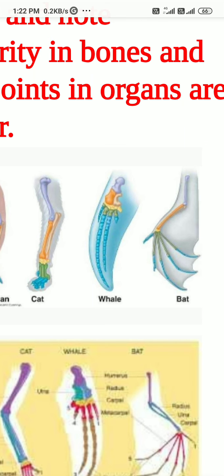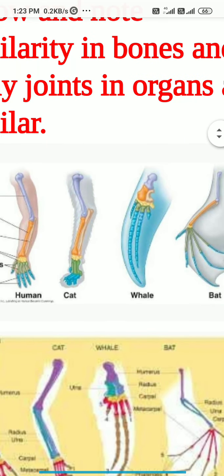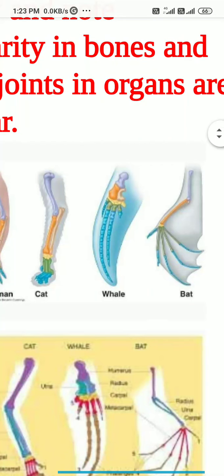So, we see the function of all these four organs is different, and the external structure is also very different from each other. You are observing this: human hand, cat's forelimb, whale flipper, and bat's forelimb, a wing-like structure.